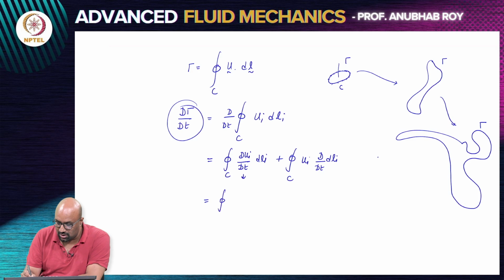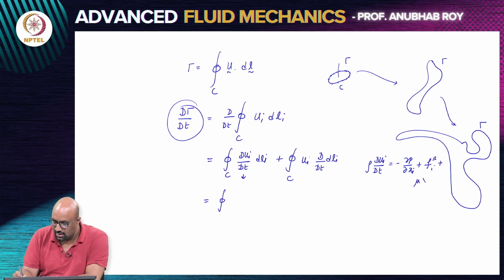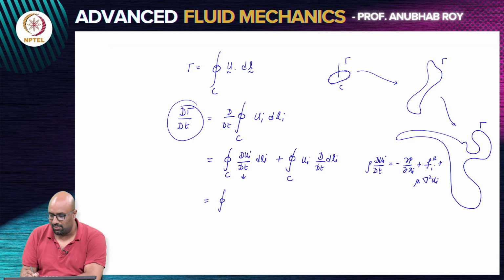The momentum equation we have learnt: rho du_i/dt is minus gradient of p plus some body force, and there are some viscous forces in the problem.